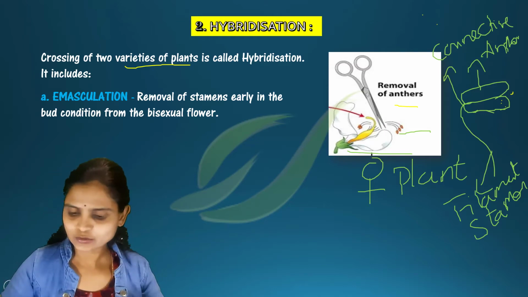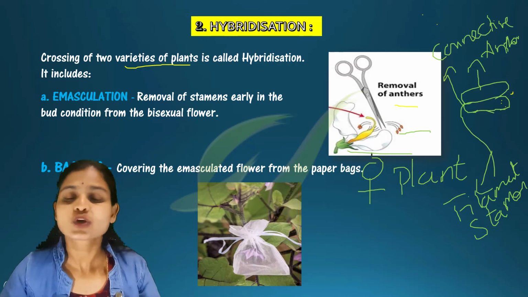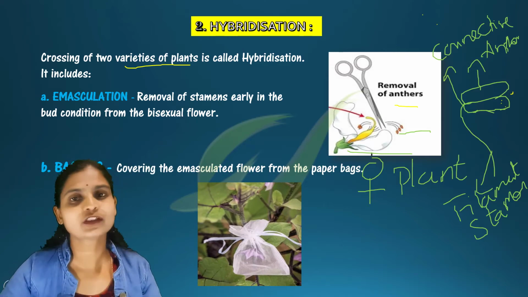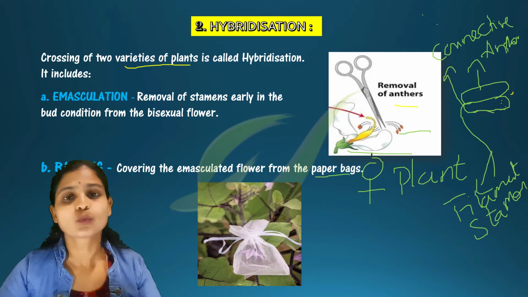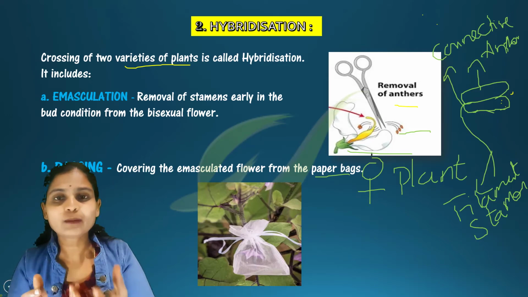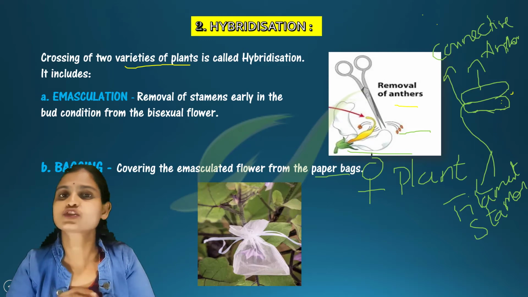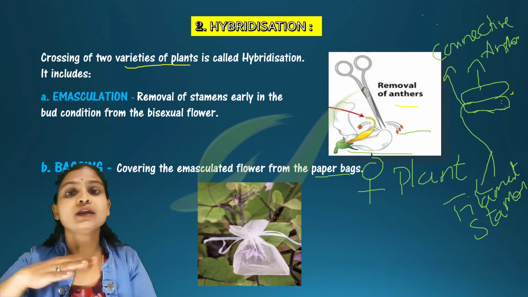Next we are going to study the next step, bagging. After removing the anthers, the flower is covered with a polythene bag or a paper bag. Why is it covered? Because the stigma should not receive any other pollen grain.